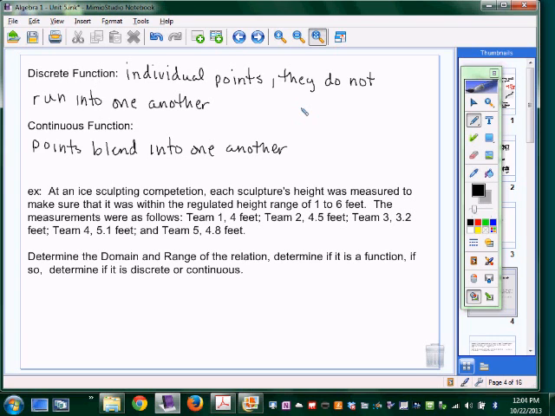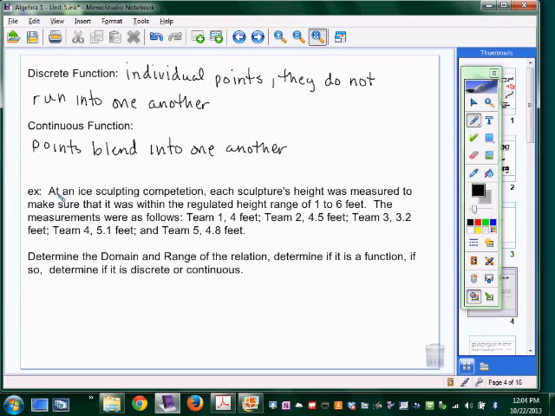It's not like jumps, it's gradual. And so it blends together. So those are continuous functions. So discrete functions are individual things that don't meld, and continuous functions are things that make gradual changes up or down. Make sense?